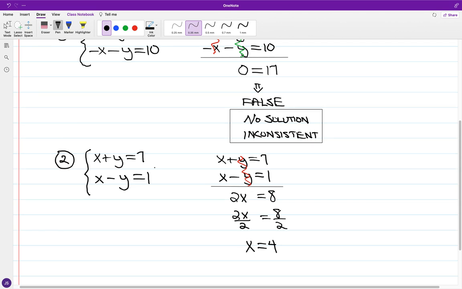And if we look at solving for y, again, I can plug in 4 for x into either equation. Now I'll just plug in for x in the first. So we got x plus y is equal to 7. And again, we have that x is equal to 4.